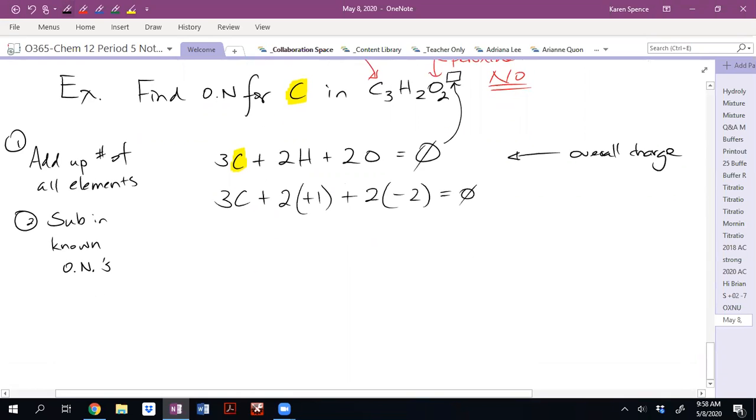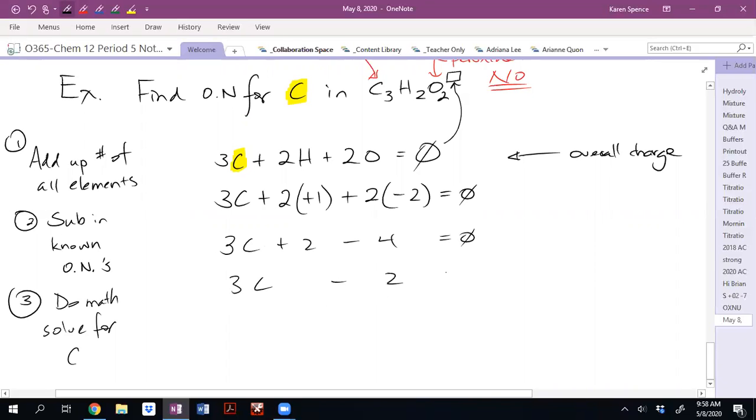And then we're going to do the math. Do the math, solve for carbon. Okay, so 3 carbon plus 2 minus 4 equals 0. 3 carbon minus 2 equals 0. 3 carbon equals +2.